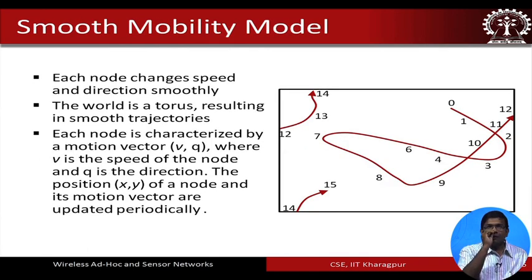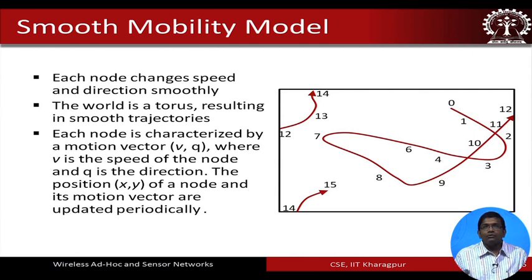The smooth mobility model looks like what is shown in the figure in front of you, where each node changes the speed and direction smoothly. Earlier, if you recall, in all the mobility models, the nodes were going in a straight line.